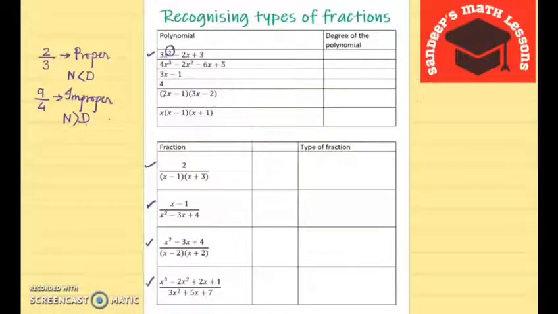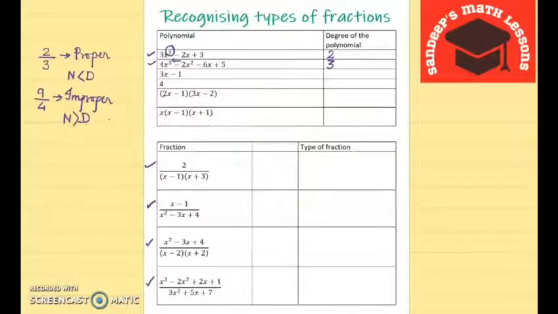So the degree of the polynomial is 2. Similarly, if you look at the next polynomial 4x cubed minus 2x squared minus 6x plus 5, the highest power of x is this 3, isn't it? So the degree of the polynomial over here is 3.